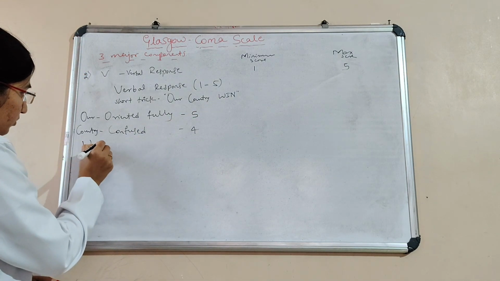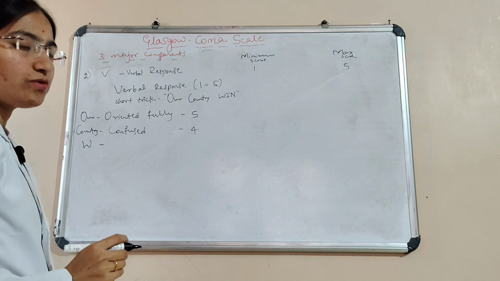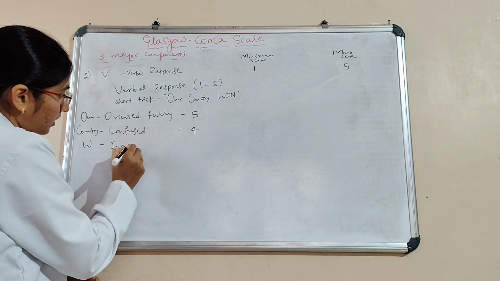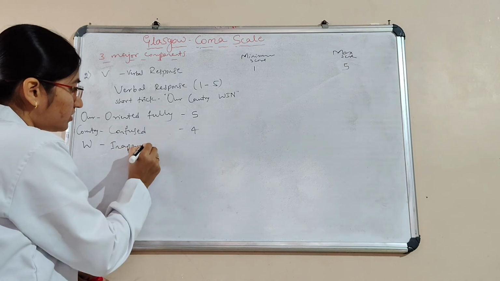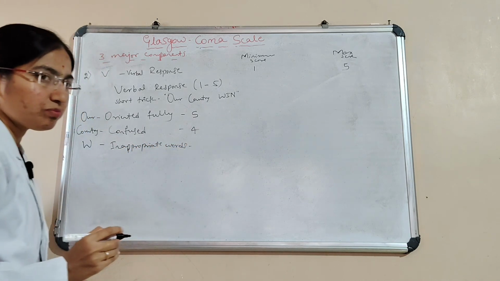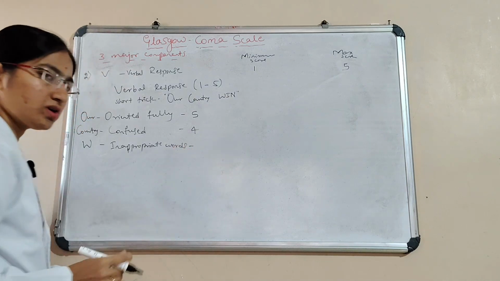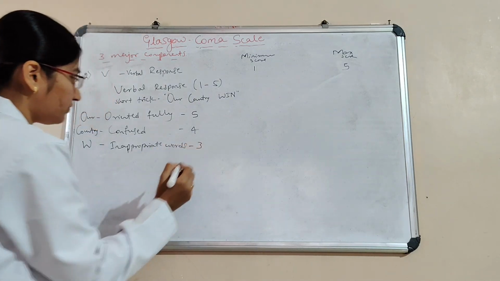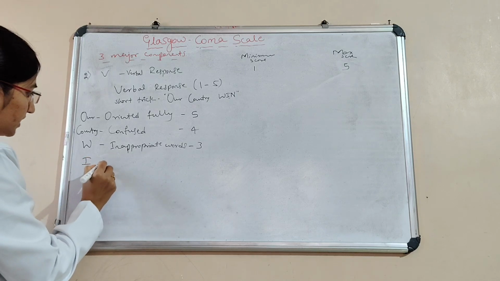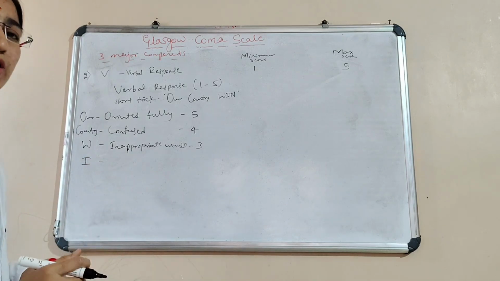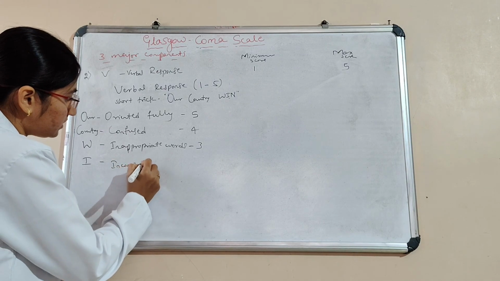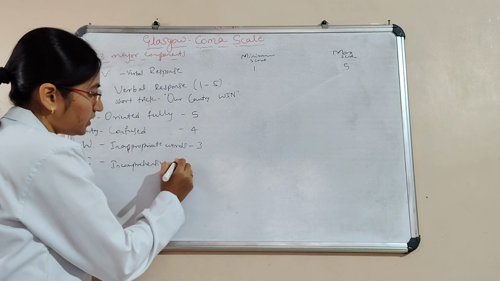After that, win. That W stands for inappropriate words. Inappropriate words means if you ask his name, he will tell some other thing. That we can give 3. And then this I stands for incomprehensible sound.